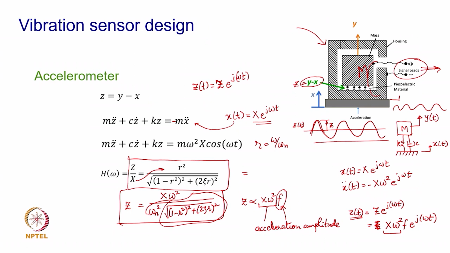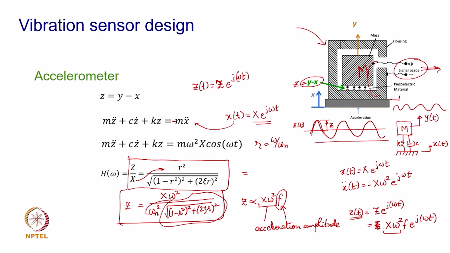So this is the basic philosophy of the design of an accelerometer. If you want to measure the acceleration, you need to somehow get this piezo disc strained, and the output from it is going to be an electric signal which you can calibrate to find the proportionality factor.